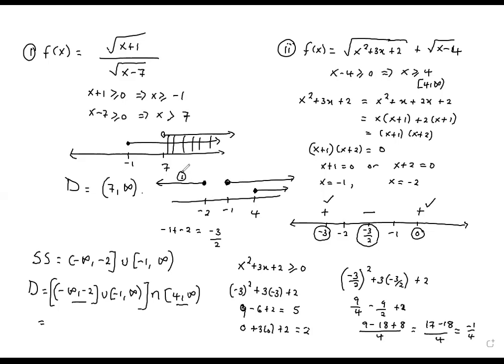So this piece does not intersect with this piece, so you forget about it. Then from negative 1 to infinity and 4 to infinity, the easiest way to get the intersection: between negative 1 and positive 4, you get the bigger number, 4. Infinity and infinity, you get the smallest, but they're the same. So this is our domain for that function.